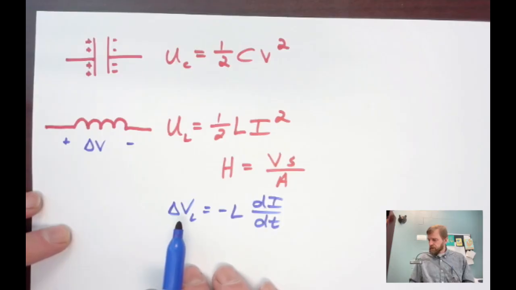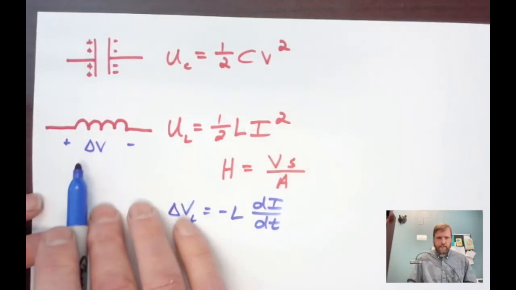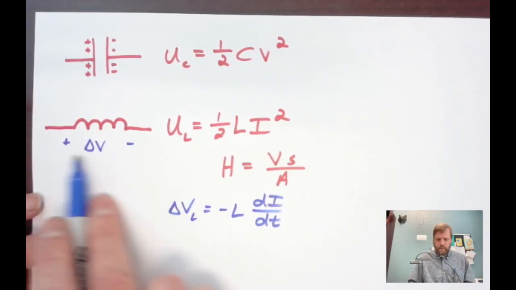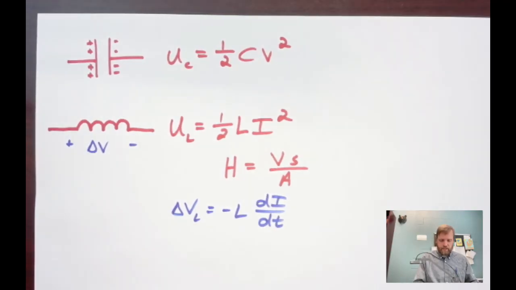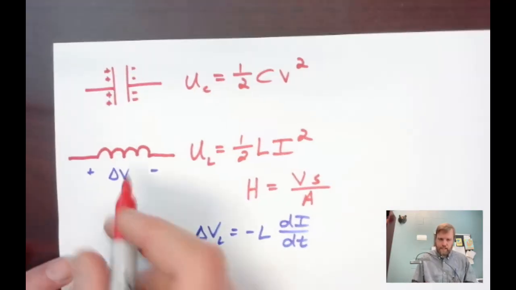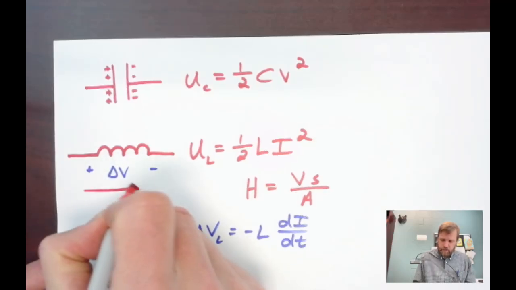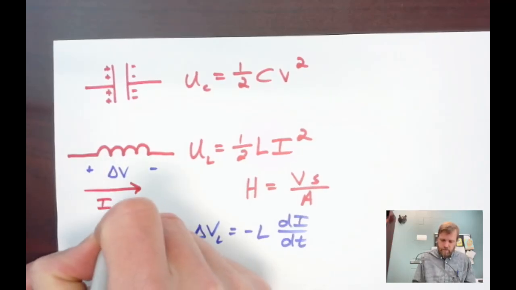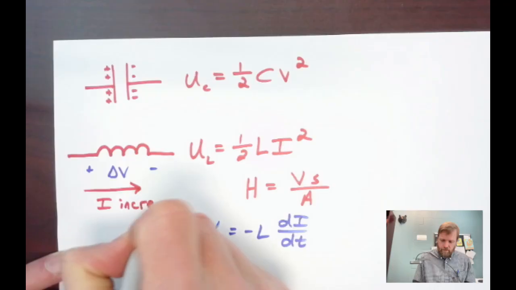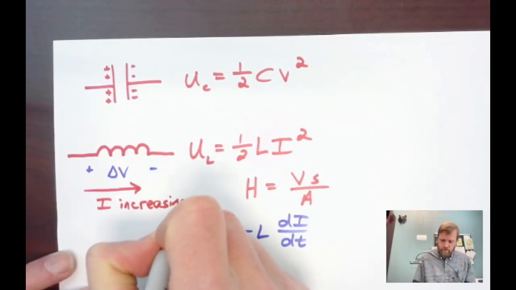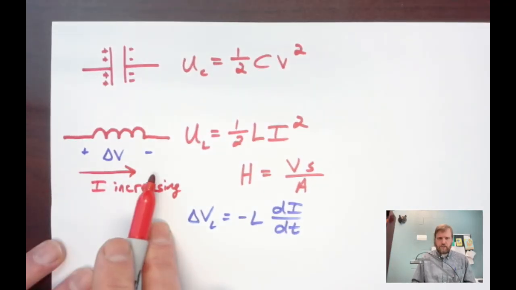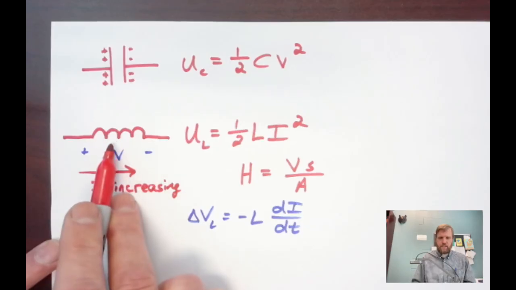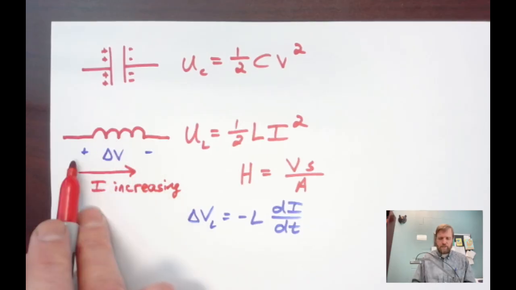All right. So in this case, if the voltage is like this, that means that the current is increasing in this direction. Okay, so the current is increasing in this direction, and the inductor tries to stop it, so it sets up this voltage gradient.